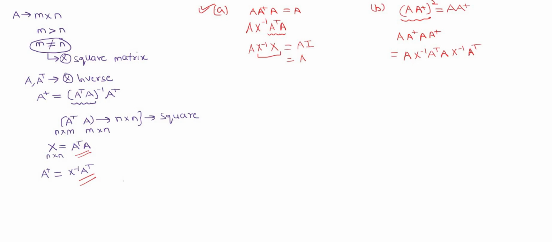Now this A transpose into A is again X, so it will become A X inverse into X inverse into A T. This will be identity matrix, so this will be A X inverse into identity matrix will be again X inverse, so into A T. Now what is X inverse into A T?